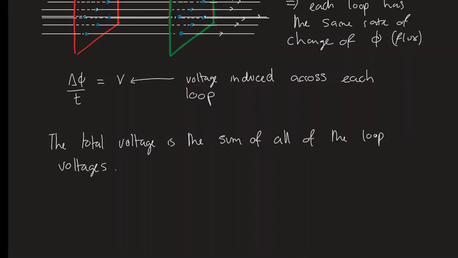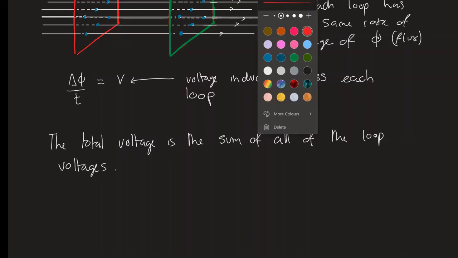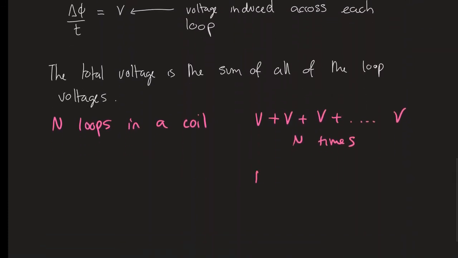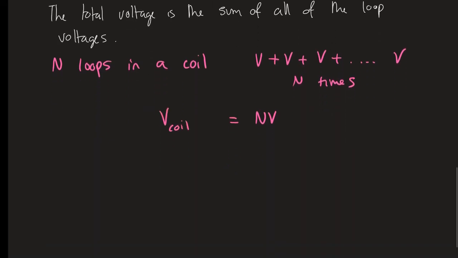And let's say there are n loops in one of these coils. N loops in a coil. So we have to add up V plus V plus V plus and so on until we've done this n times. A more sensible way to write that would just be to say, oh, we've got n V's, n times V. That's the voltage of the coil, right, the total voltage.